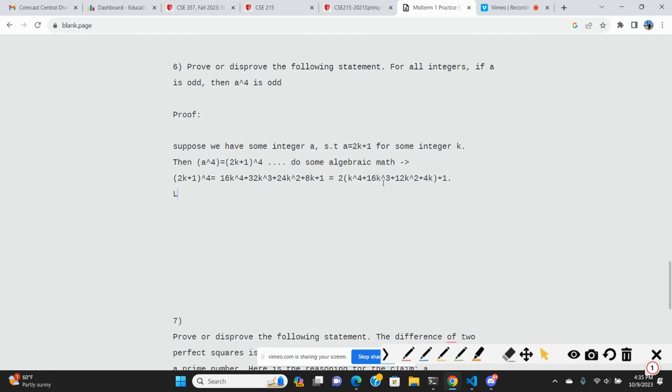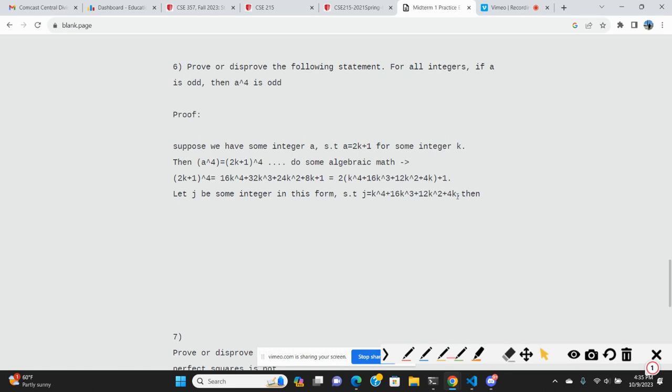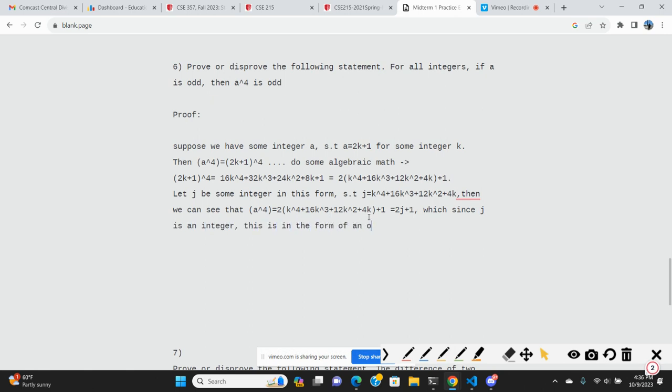So then we can say let j be some integer in this form, such that j is equal to this quantity in terms of k. Then we can see that a to the fourth equals 2j plus 1, which, since j is an integer, is in the form of an odd number.